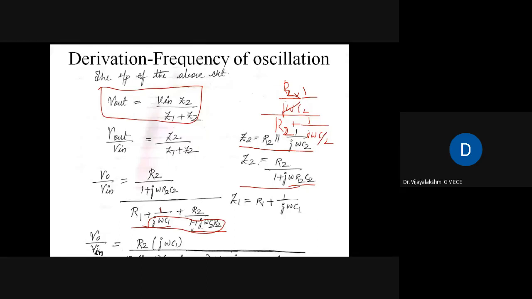So I have R2 into j omega C1. Yeah, you can see here, R2 into C1, and in the numerator I have R2 divided by 1 plus j omega R2 C2.